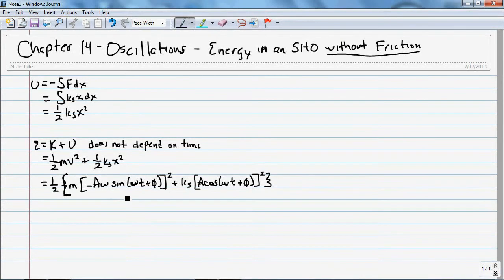Well, I can already see that I'm going to have a sine squared plus a cosine squared, and I need to figure out if I can get the amplitudes so that I can factor out and get the sine squared plus cosine squared. So that's what I aim to do. Don't want to forget the 1/2.